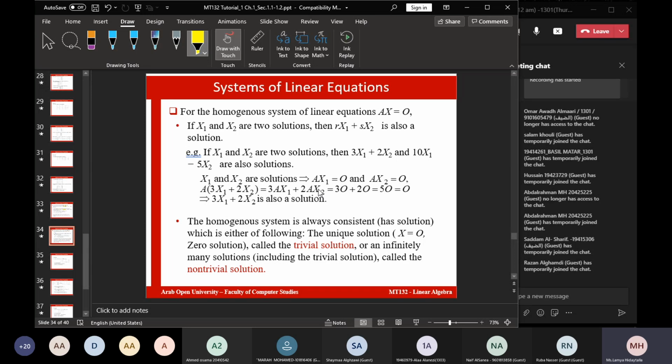Since Ax1 is a solution, when I substitute it should give me 0, the zero vector. And what about the other one, 2Ax2? It is also a solution, so when you substitute it you get 0, so 0 plus 0 is 0, correct? So yes, it is also a solution. So there are no restrictions for R and S in this case.